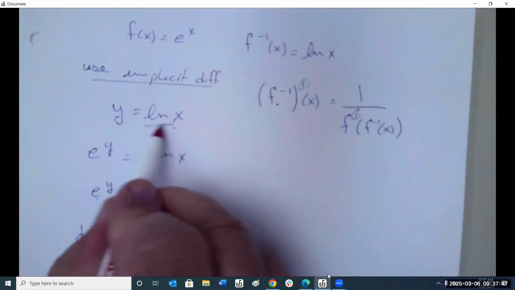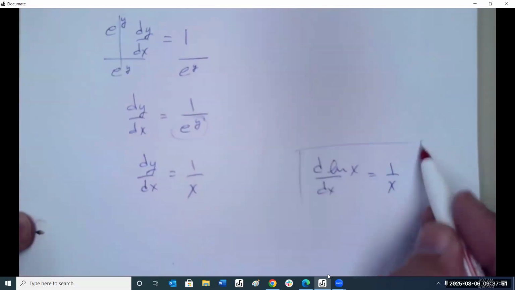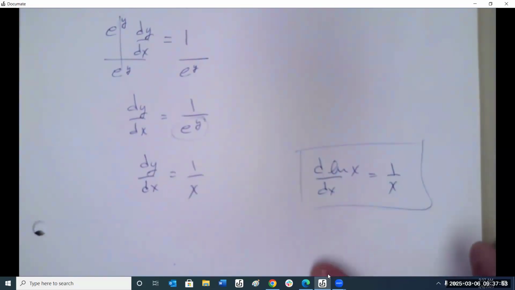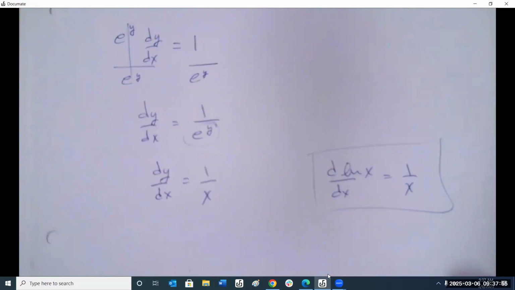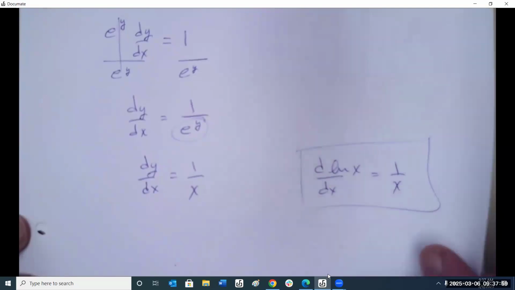Because that's what we started off with, taking the derivative of ln x. And that's the general rule. Now, what if instead of x we have an equation? What if we had ln of x squared plus 2?